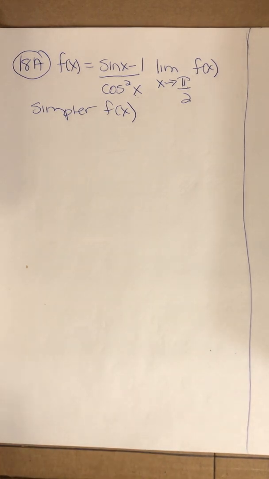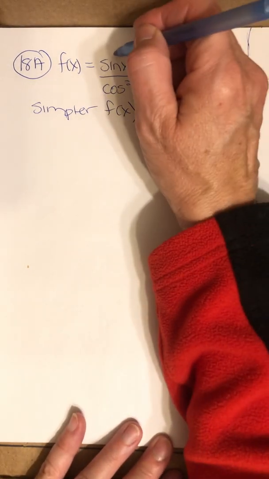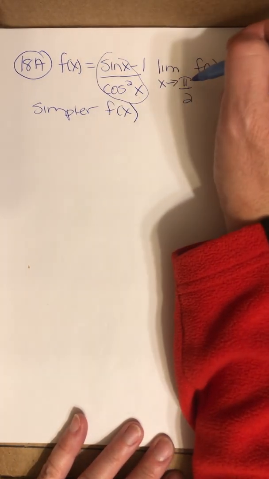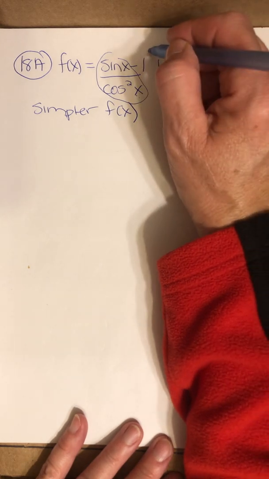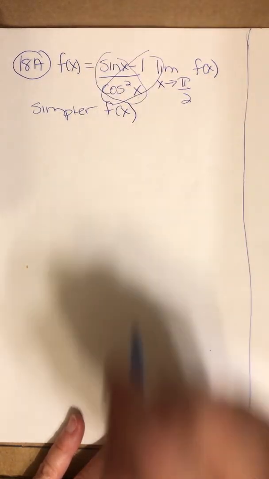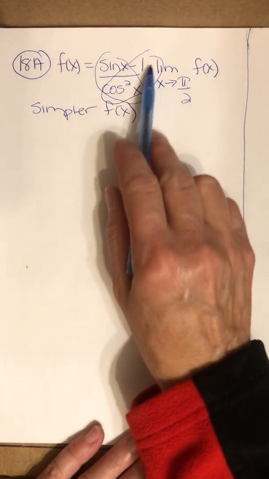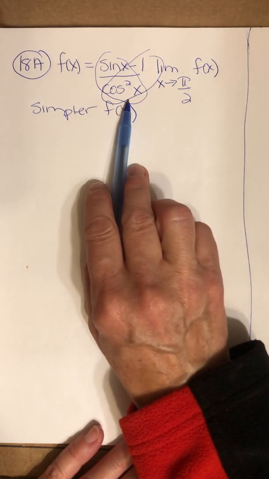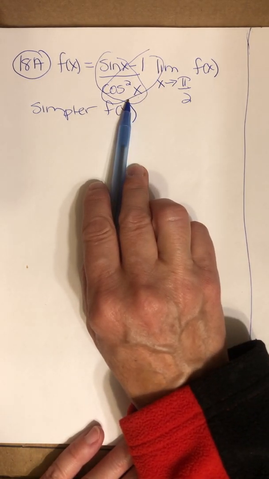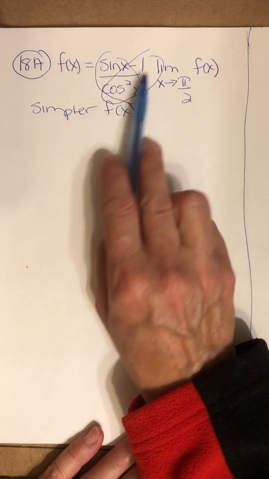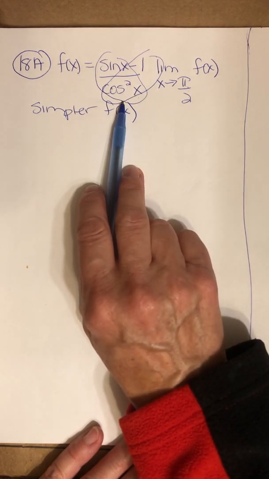Okay, there's a few ways to go. I'm hoping that you tried this on your own. I'm hoping maybe you tried to break sine over cosine squared up into one expression and 1 over cosine squared. Notice 1 over cosine squared is secant squared, but when you take a look at the 4 possible answers, we're not seeing that there.